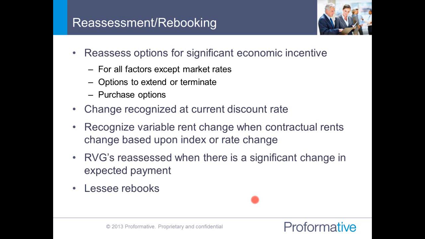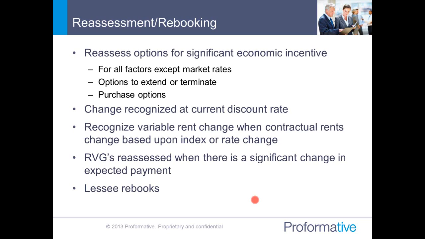For instance, if there's a change in the assessment of the expected amount to be paid under a residual guarantee, the lessee will have to recalculate the present value of the rents, make an adjustment to the right-of-use asset, make an adjustment to the liability, and recognize the new amortized cost of the asset and the new imputed interest on the liability over the term.